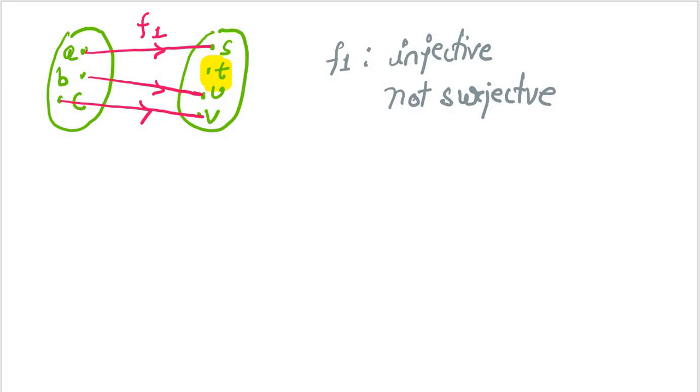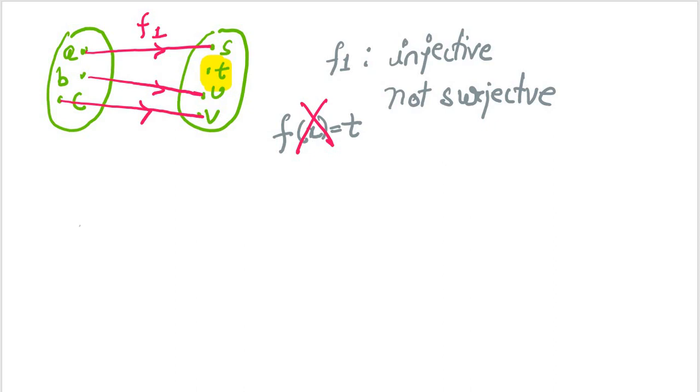That means I don't see anything in the format of f of x equals t. This is something which is missing, so that's why I don't have this kind of thing. So it is not surjective.